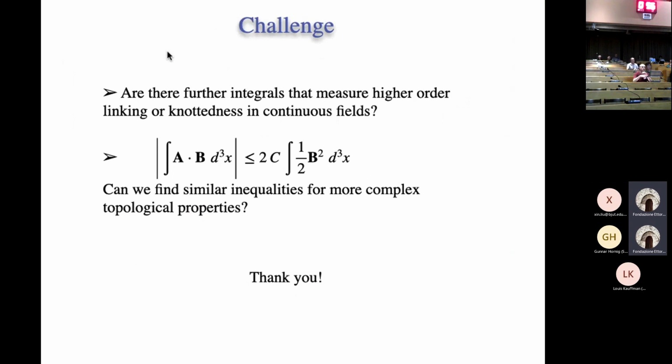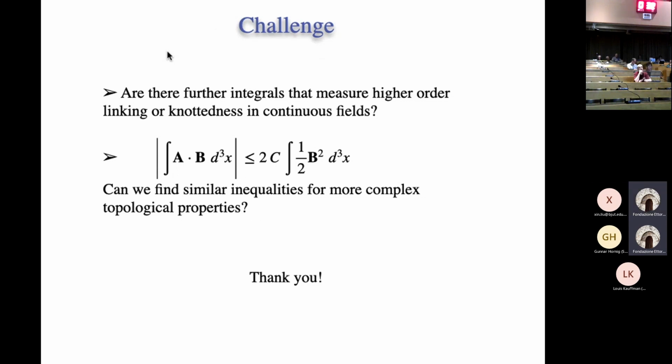And instead of a summary, I propose here a challenge to the community. We need better or more measures for higher order linking or knottedness in fields.